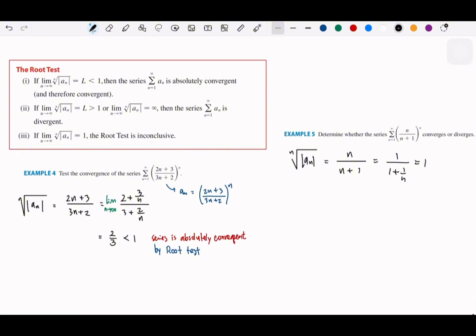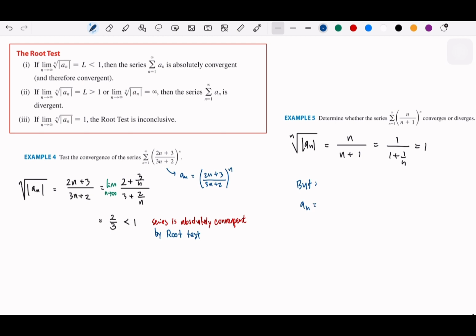But since we have n plus 1 with power of n, we can write this as 1 over (1 plus 1 over n) with power of n. And since this is 1 plus 1 over n to the n, this is 1 over e, the same as the previous page that I mentioned.